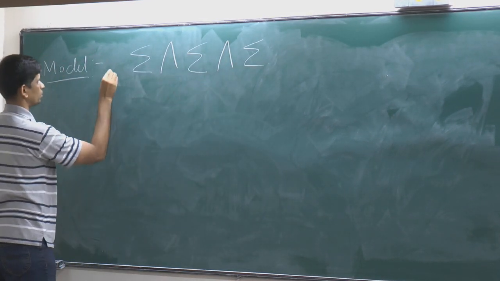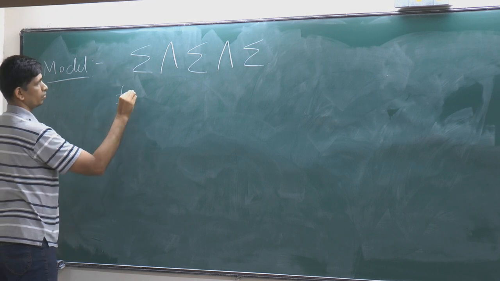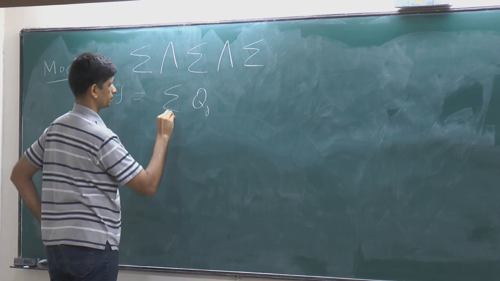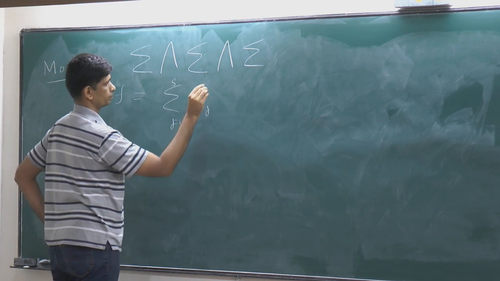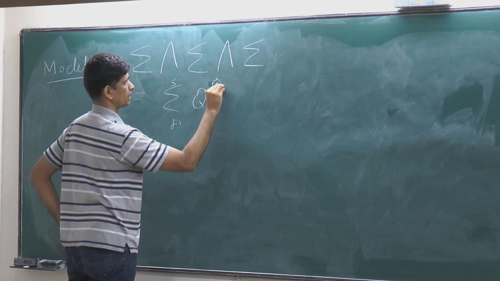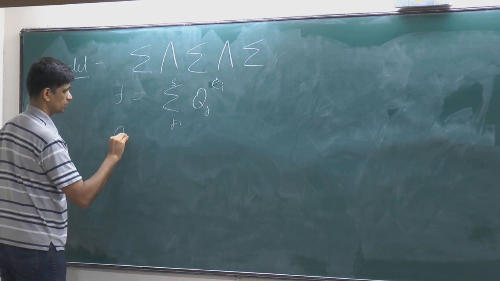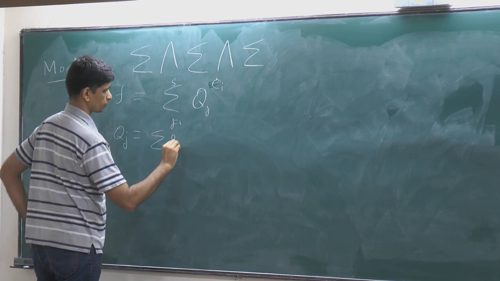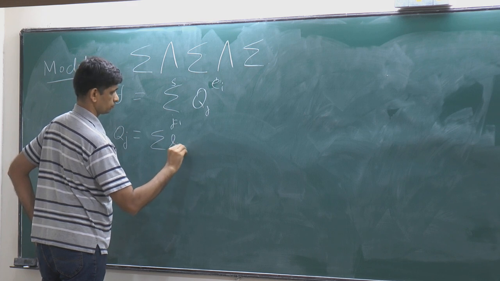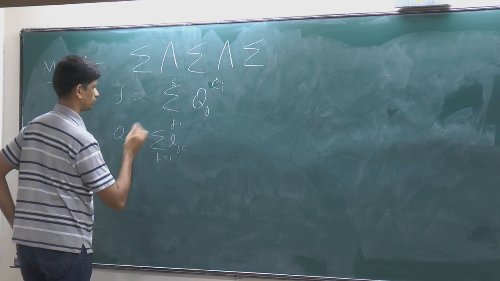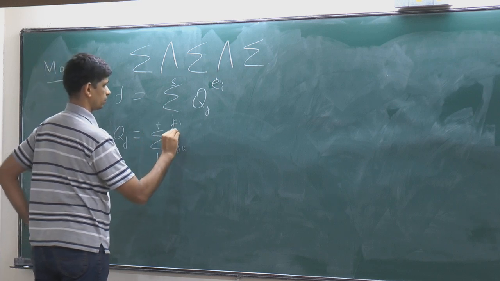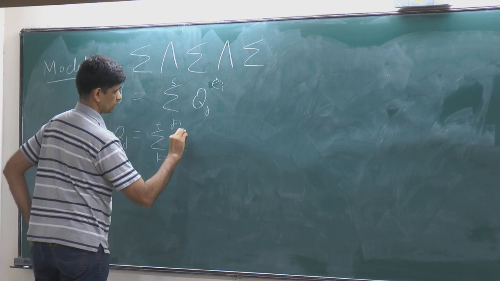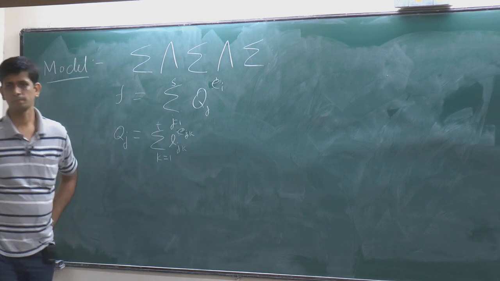In other words, any polynomial in this model would look like a sum of powers of polynomials, say sum of Q_j to the e_j, where each of the Q_j's would look like a sum of powers of linear forms, say sum over i from 1 to t of l_i to the e_i. Okay.